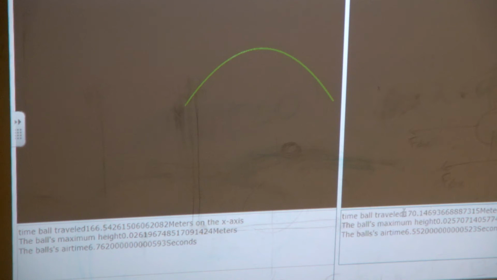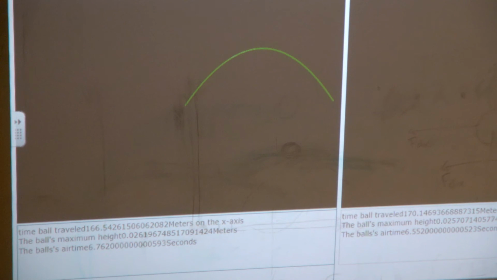So what he's saying is that without air drag, the distance was less than the distance with air drag. It went from 166.54 meters without air drag to 170.1469 meters with air drag. So as you can see, there was an increase there.